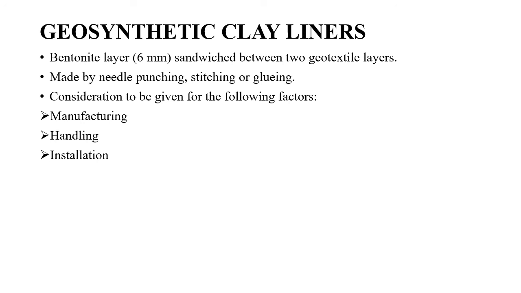Most of the design requirements to be met by the geosynthetic clay liners are the same as those to be met by a geomembrane. Now, as we saw in the case of geomembrane, here also we have to give specific considerations related to the manufacturing, handling, as well as installation.